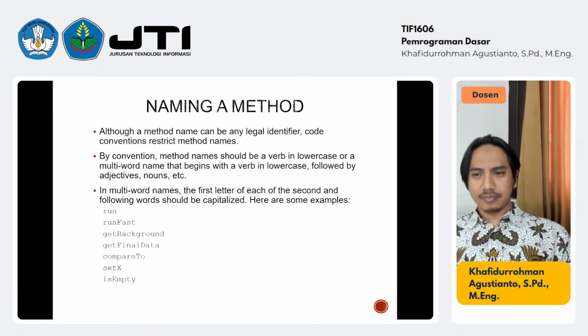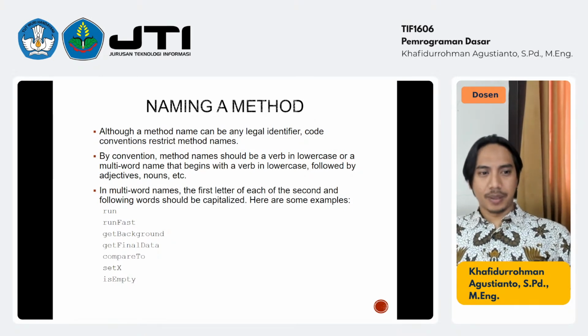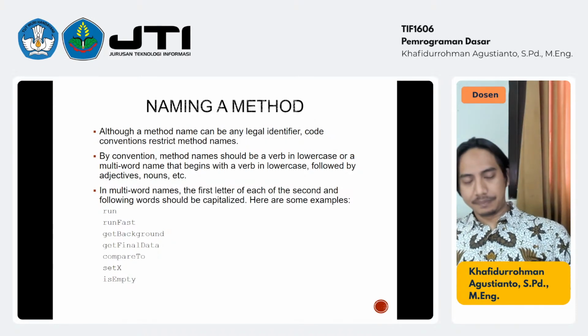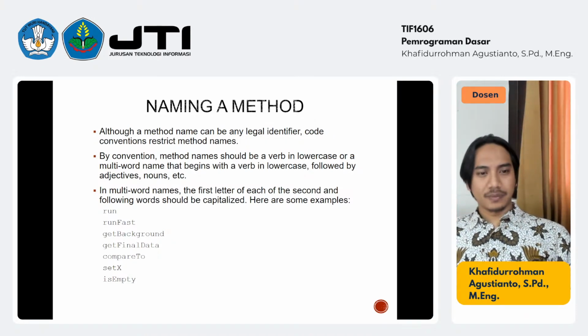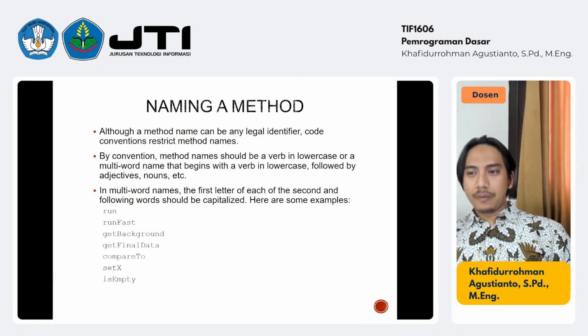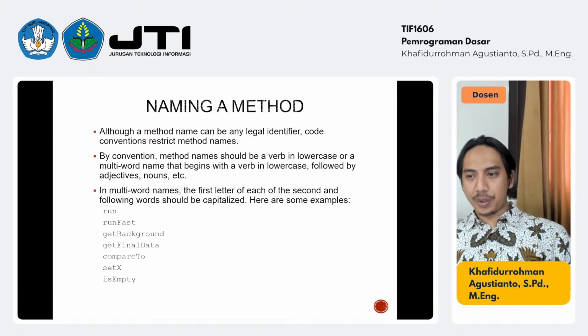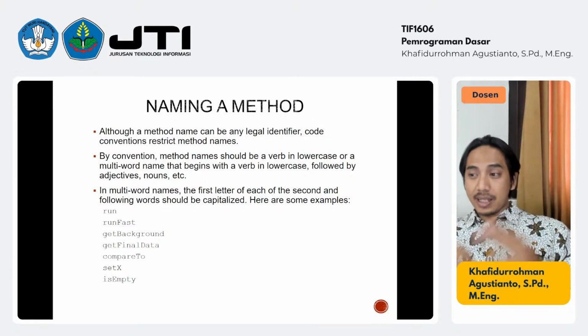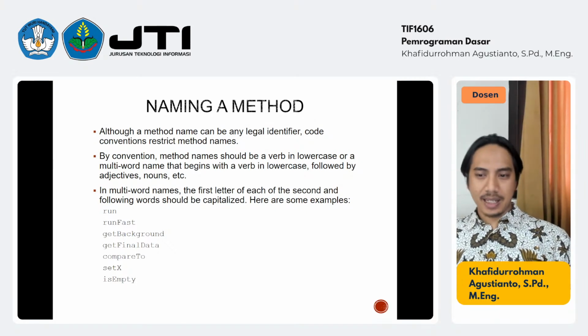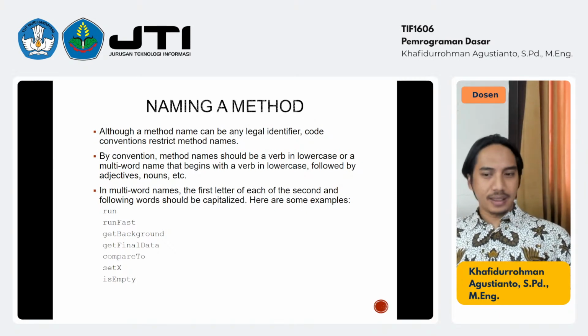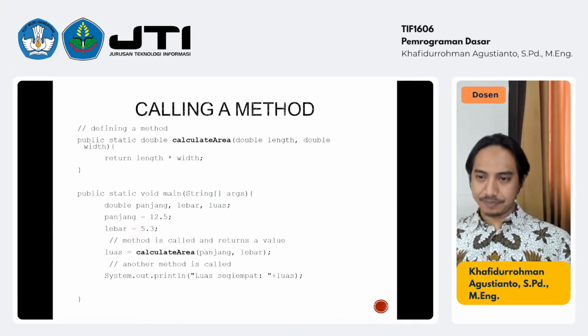But in conventions, you can create your own. It depends on you. In multi-word names, the first letter of each of the second and following words should be capitalized. So here are some examples: run, runFast, getBackground, getFinalData, compareTo, setX, isEmpty.